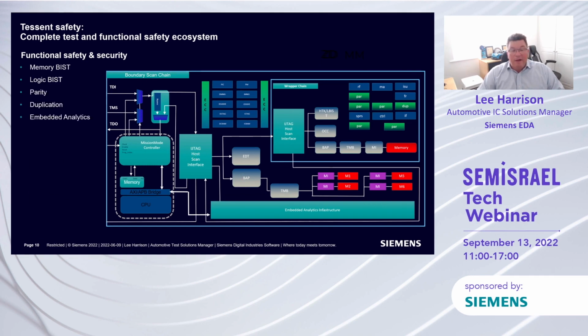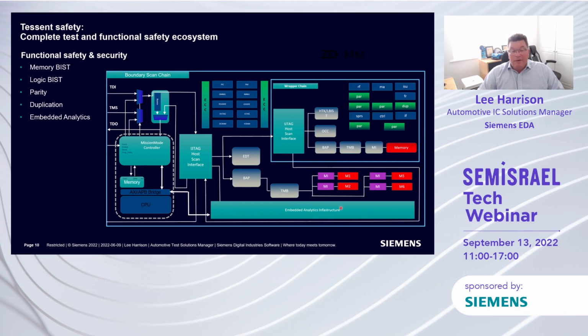We also have in here some of the other functional safety technologies. So you'll see we have some ECC also monitoring for defects occurring. We can add parity, we can add logic duplication, and these are all additional technologies that can help detect defects that occur in the device when it's in operation.